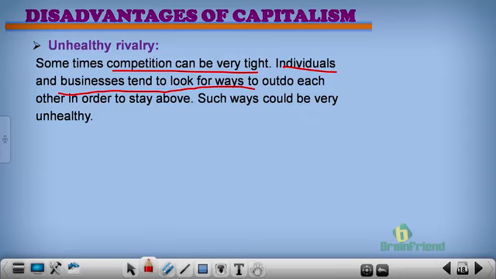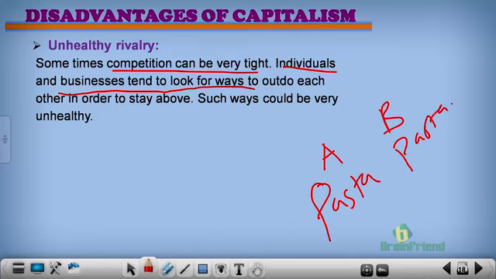Let's take, for instance, where you have two products, product A and product B. Both of them produce pasta. And then the competition gets so tight that company A finds no other solution to it. As a result of company B's success, company A goes about saying company B's pasta is wrong, it's dangerous to eat.